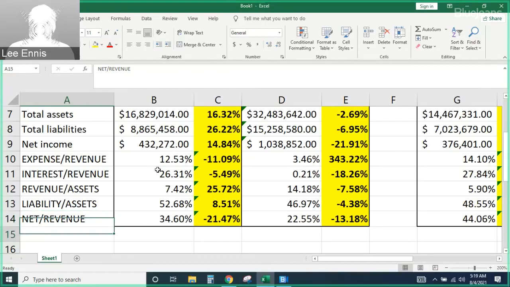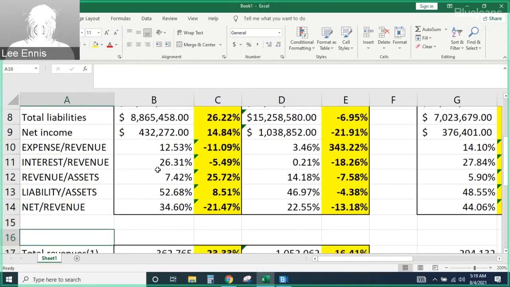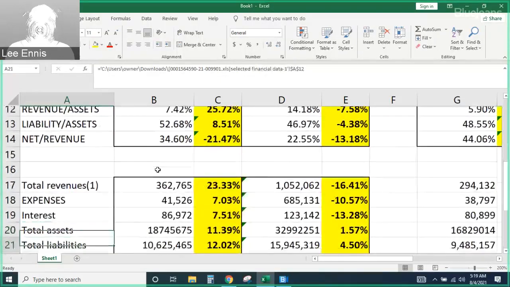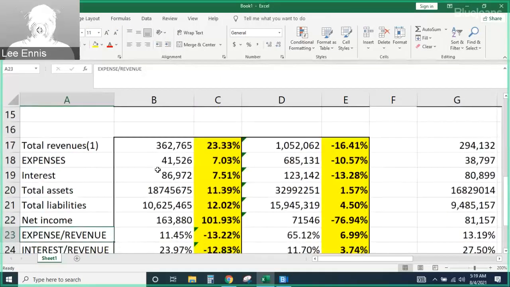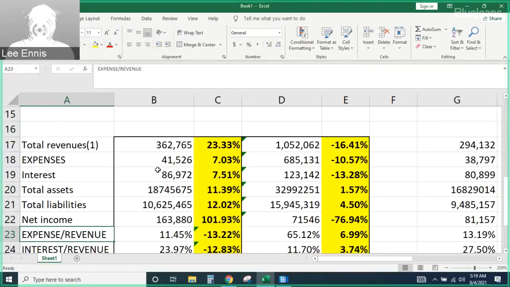Now, I did pull the quarterlies, but I didn't go 9 months. I only did 6 months. And the reason being is because when you're doing quarterly, especially after looking at the last 3 years, you're not going to get much more detail from going back further. But I did want to pull the most recent numbers just to see kind of what they look like.